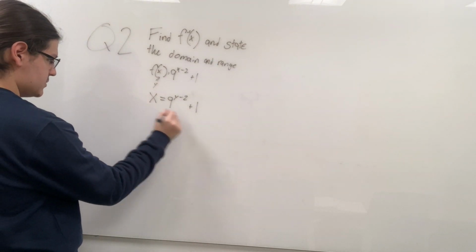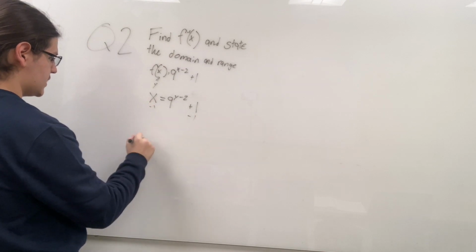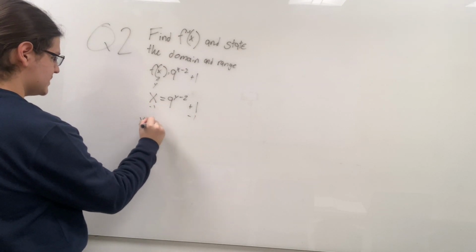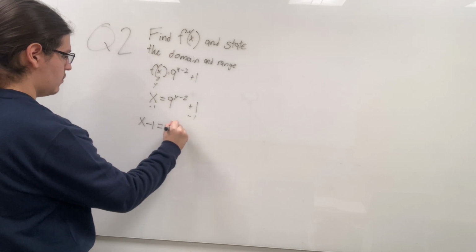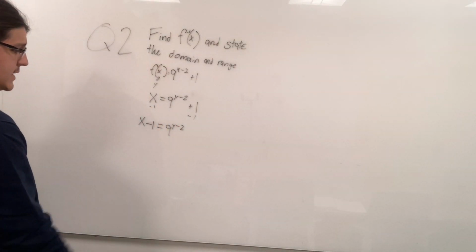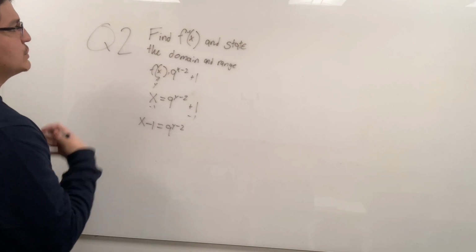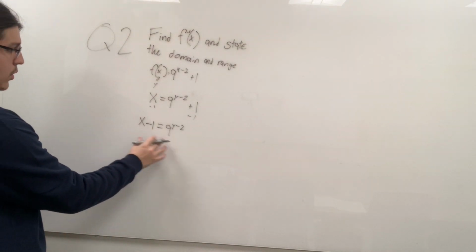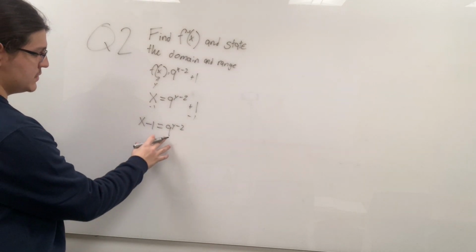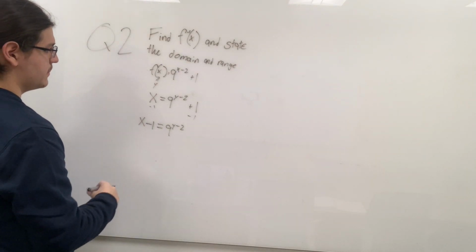So this is just going to be subtract 1, x minus 1 is equal to 9 to the power of y minus 2. And here, we can introduce a logarithm. Logarithms are what we use to solve exponential equations.